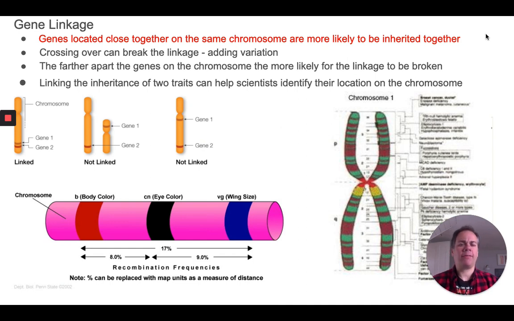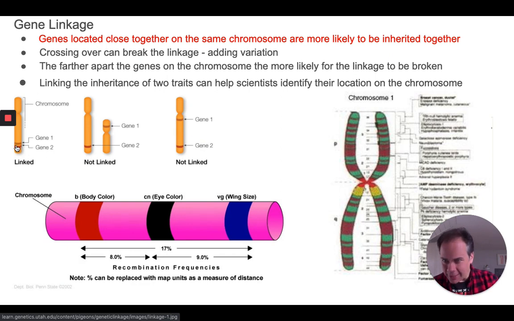So if you have alleles that are very close to each other on a chromosome, for example, here we have two genes, gene 1 and gene 2, very close on this chromosome, we would say they're typically linked, because in order for them to be separated from each other, crossing over would have to happen right in this little area.